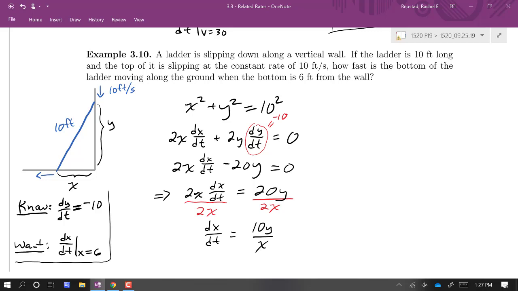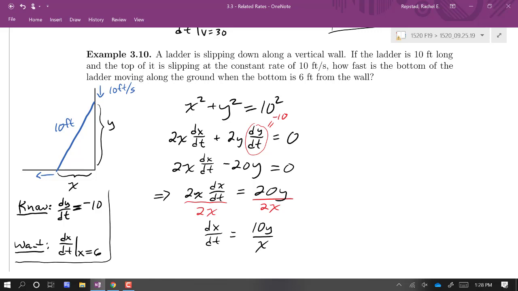What do I do? What am I missing? We want to be able to figure out what y is when x is 6. Do we have a path forward there? Yes, what is it?